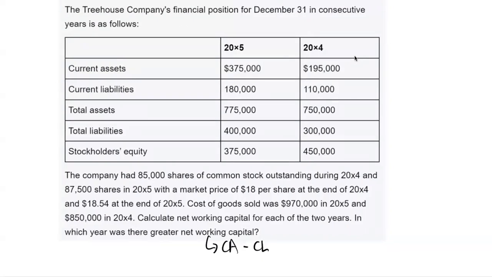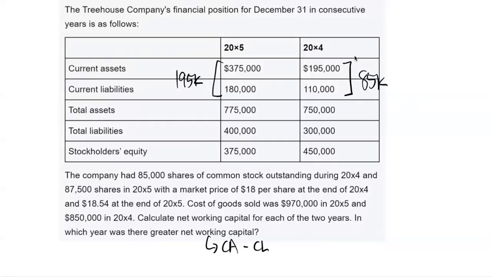Right? So, 20x4, magkano yung ating net working capital? 195 minus 110, that would be 85,000. And then, do it one more time here. That would be 195,000. Very good. So, 85 versus 195. Anong mas mataas na year? 20x5.